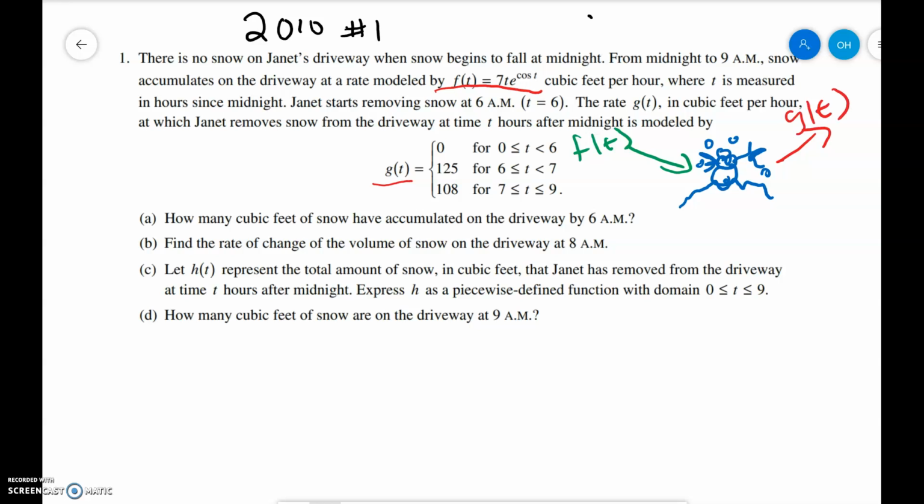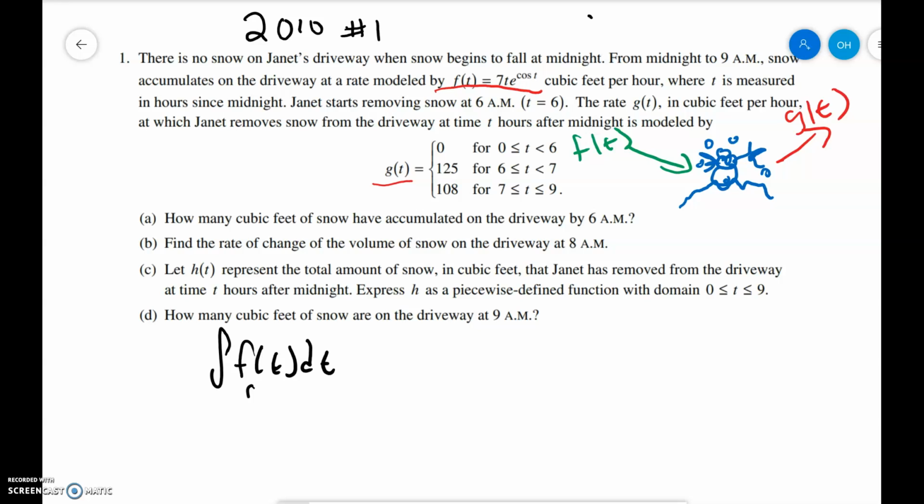Okay. Part A says to find how many cubic feet of snow have accumulated on the driveway by 6 a.m. So by 6 a.m., she hasn't started removing any of the snow. So the good news is that I'm only integrating f of t, because this is the rate that it's coming down. If I do the rate times the change in time, that'll give me total snow.